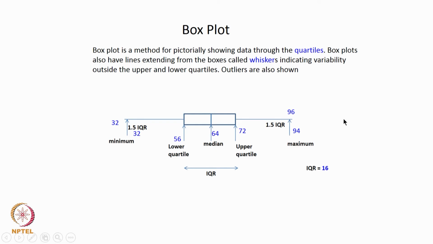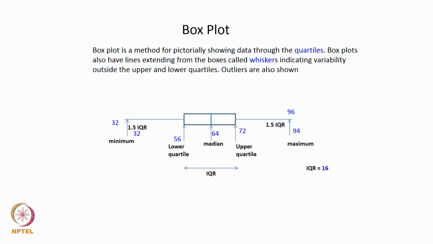But we could have cases where the maximum is more than 1.5 IQR. So, when the maximum is more than 1.5 IQR, some points can lie between the 1.5 interquartile range point and the maximum, and these are called outliers.